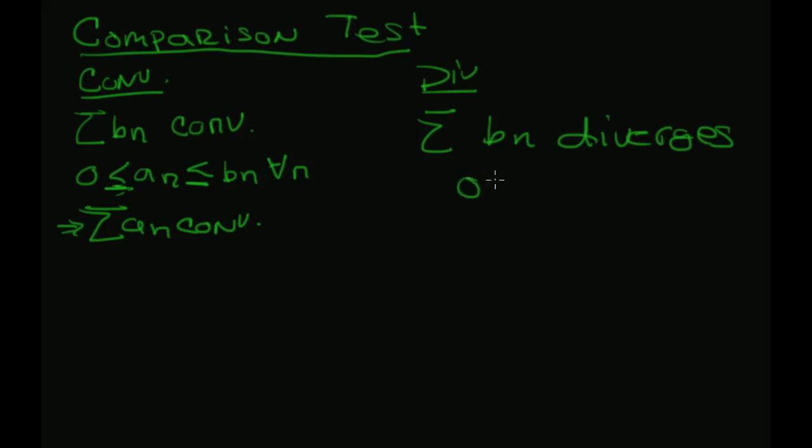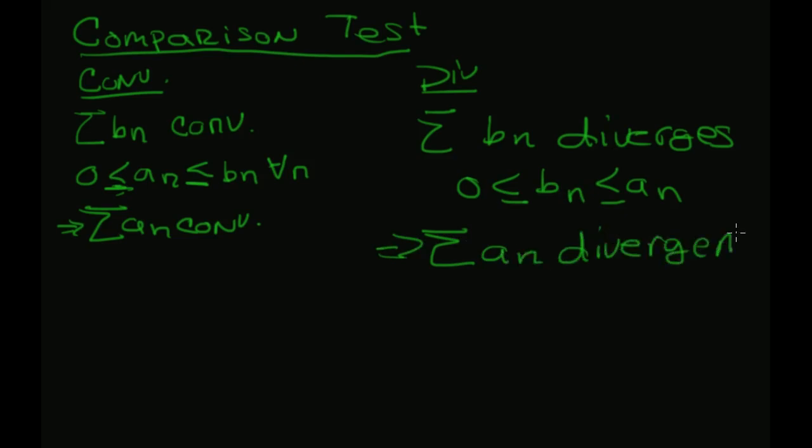So 0 is now less than or equal to b_n less than or equal to a_n. So now my unknown series is dominating the known one. If I am dominating a known divergent series, then I have to also be divergent. Basically, if I'm dominating something that's going to infinity, I'm going to infinity too. It's kind of how this works out.